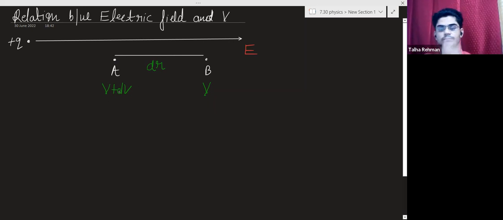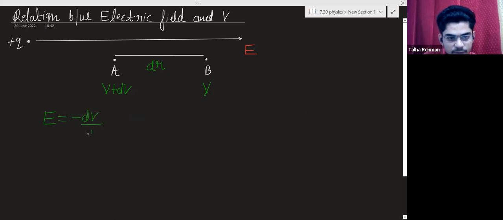So the potential at A is V plus dV, and the potential at B is V. We have a relation between this electric field and this potential: E equals minus dV by dr.